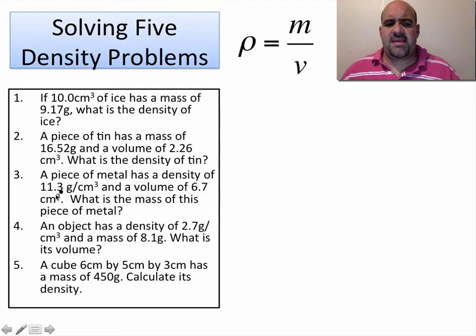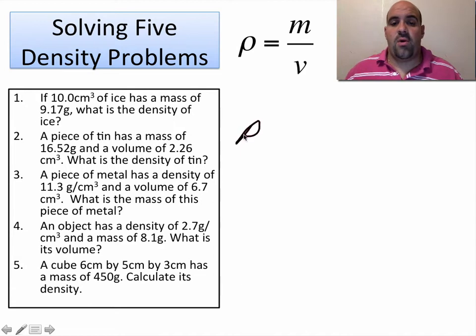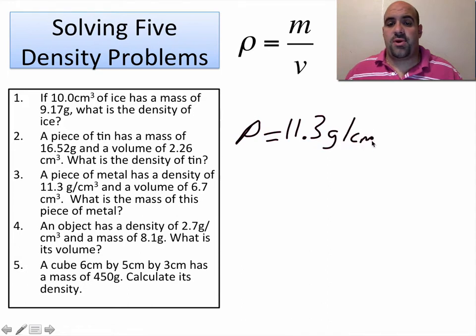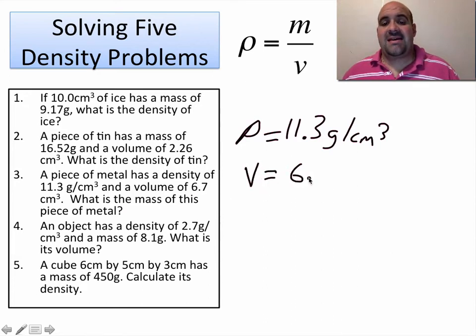The density is just mass divided by volume. In the third case, it's a little bit different. A piece of metal has a density of 11.3 grams per centimeter cubed, so we know that rho equals 11.3 grams per centimeter cubed, and it has a volume of 6.7 centimeters cubed. What is the mass?